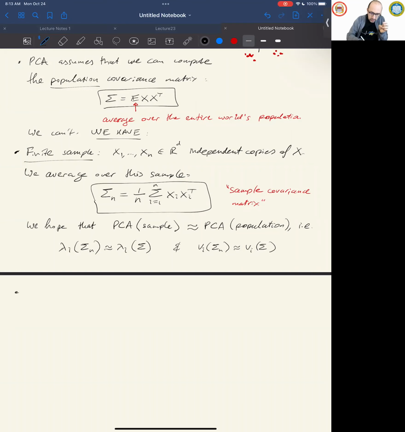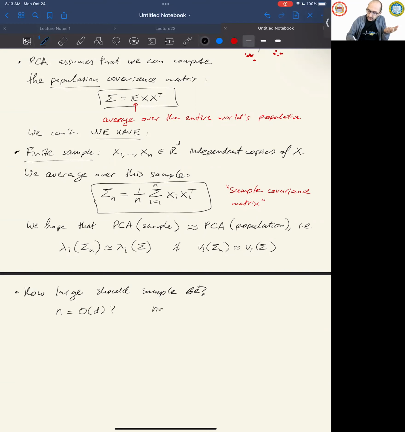How large should the sample be in terms of D? Let's say, how many people do we have to include in the study? Is it linear, maybe?